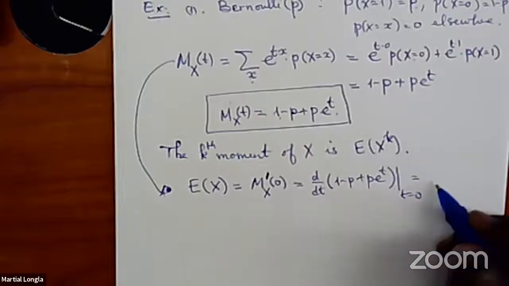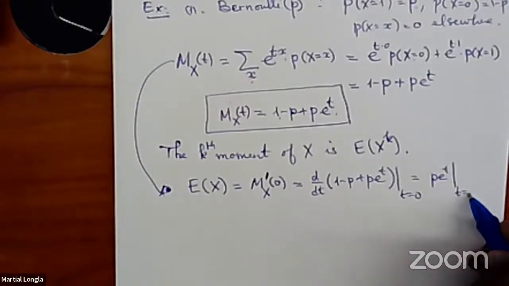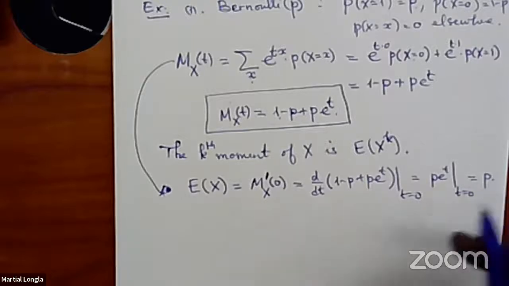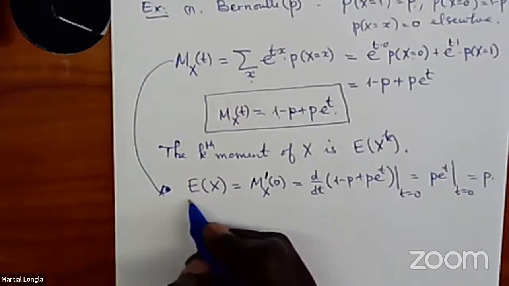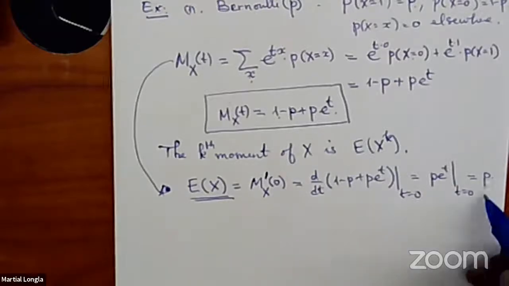What is it? It's p e to the t, plug in t equals 0. It's equal to p. So the expected value of the Bernoulli random variable is p.